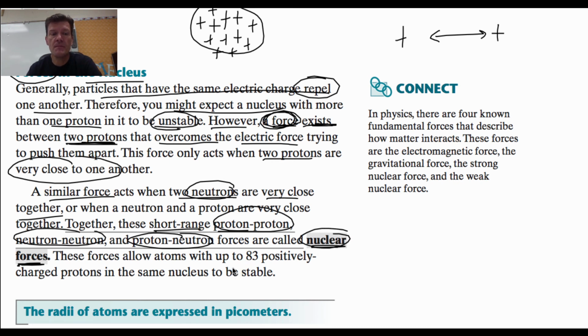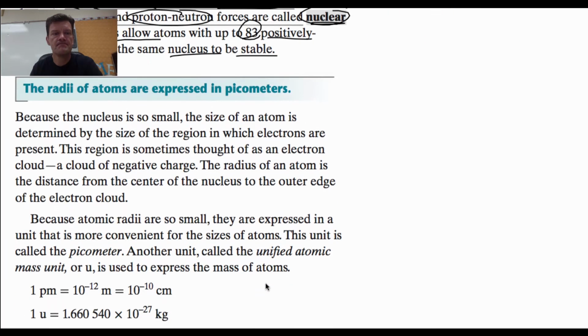Okay. So these forces allow atoms with up to 83, as I mentioned, around 80 positively charged protons in the same nucleus to be stable. If you get past 83, then it becomes unstable and you start having particles leaving the nucleus. That's radioactivity. Okay? All right.